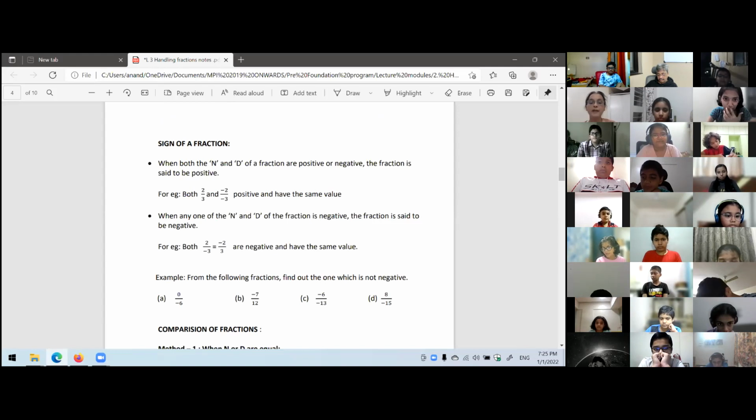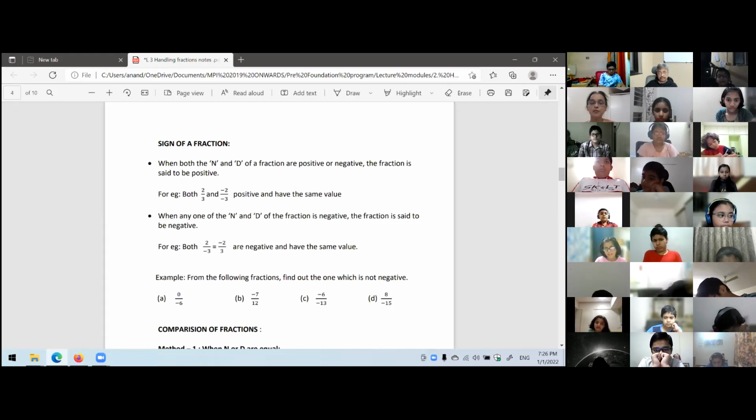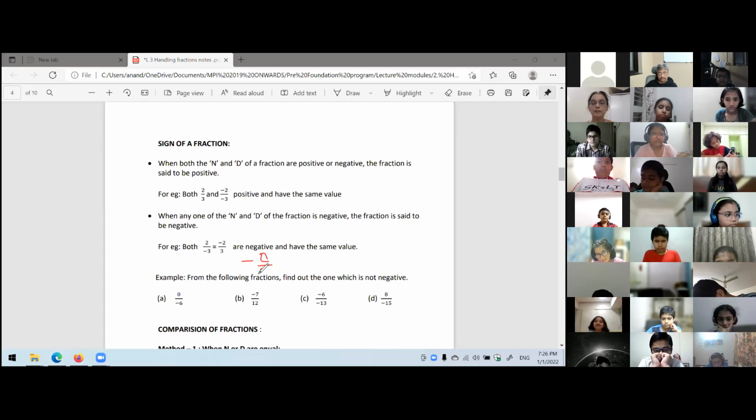And when one of it has a negative sign, then it is like a minus sign on the whole fraction. So 2 upon minus 3 is equal to minus 2 upon 3 is equal to minus of 2 upon 3. Common sign for the fraction.